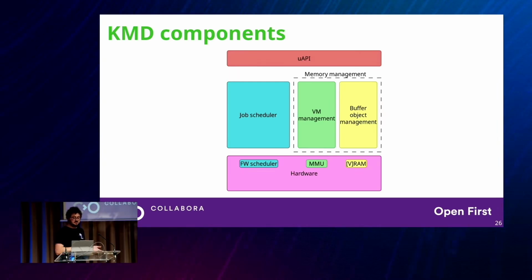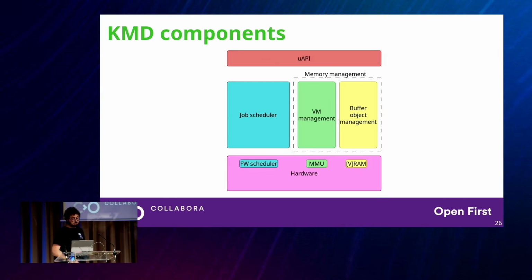And the last thing is the scheduler, so everything that has to do with synchronization, making sure that when you get a job, it waits for all its dependencies before it gets passed to the hardware. Make sure that when a job is done, the fence attached to the job is signaled so it can unblock others that are waiting on it.